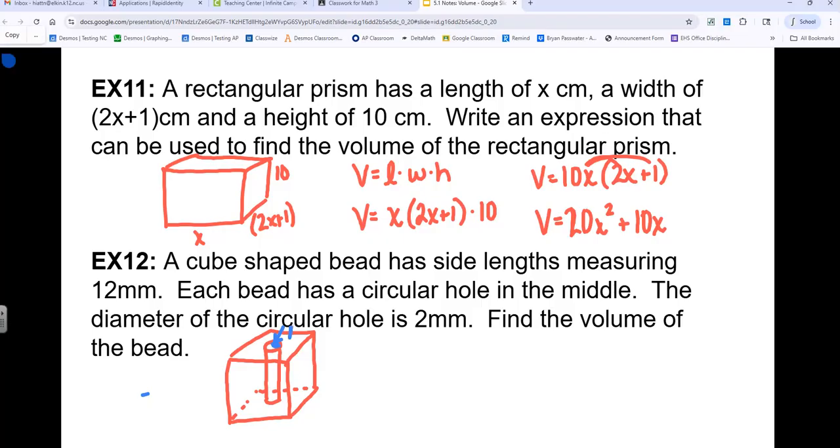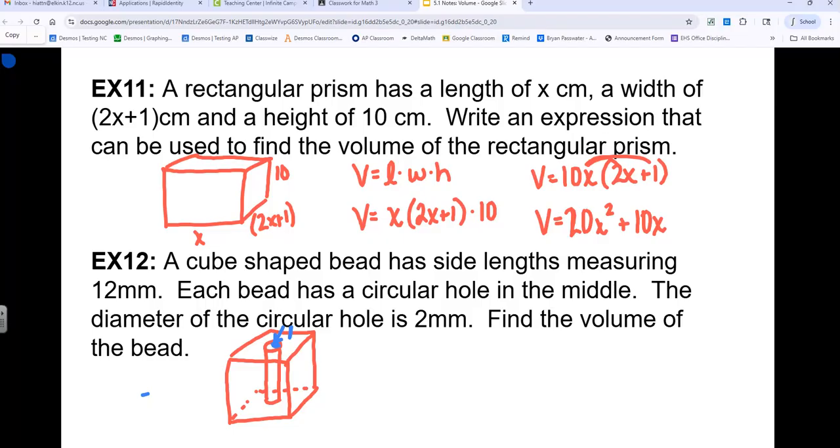Okay, anybody else's neighbor have a good idea? I like subtraction. Think about making this bead. If they're making this bead, they probably start with the cube, right?